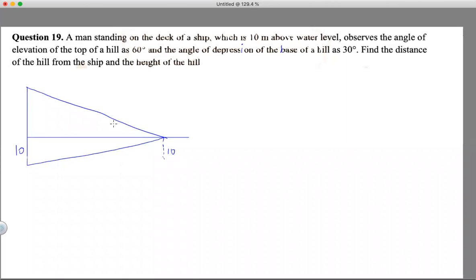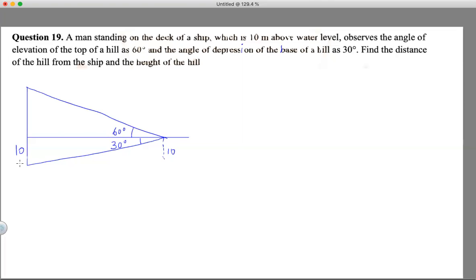Now, he observes an angle of elevation of the hill as 60 degrees. So this angle of elevation is here 60 degrees and the angle of depression is 30 degrees. Find the distance of the hill from the ship and the height of the hill.